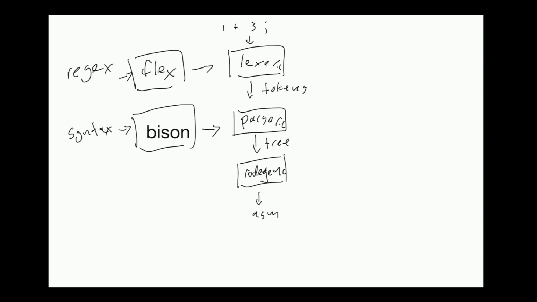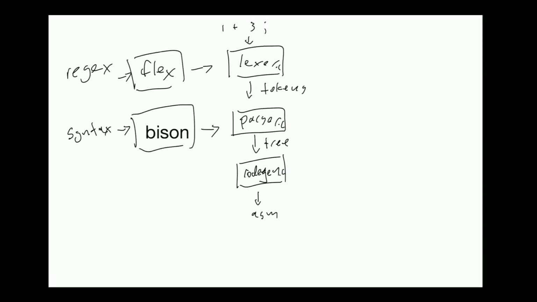It comes from a very nerdy computer science joke: the previous version of this was called Yacc, yet another compiler compiler, and a yak is somehow related to a bison, so the new version of Yacc became Bison. Other questions? Any questions on this? Yeah. What is ASM? Assembly. Sorry, yeah, that's the output of the code generator.